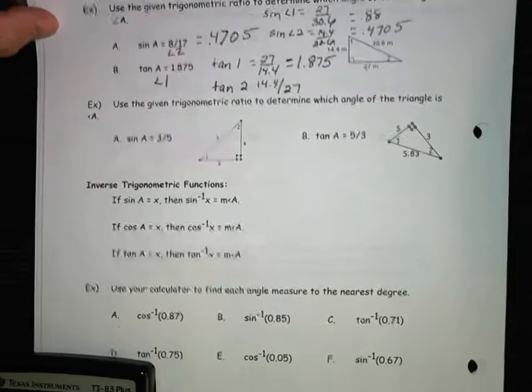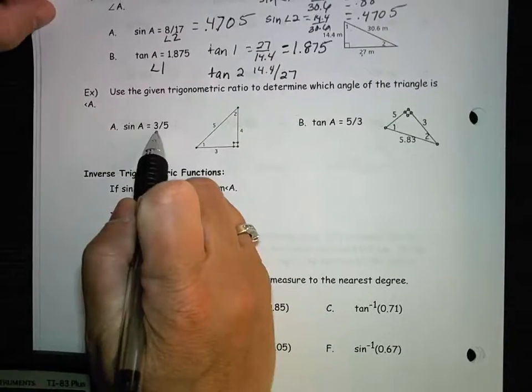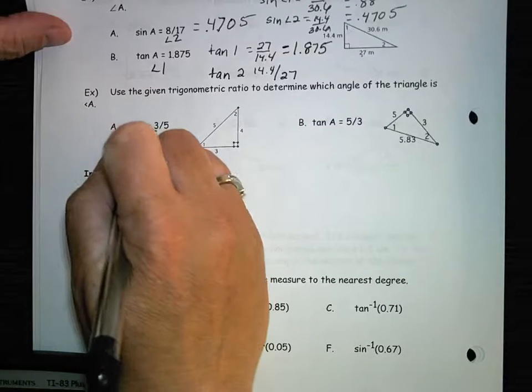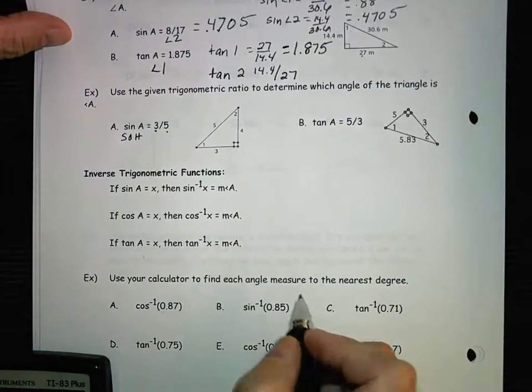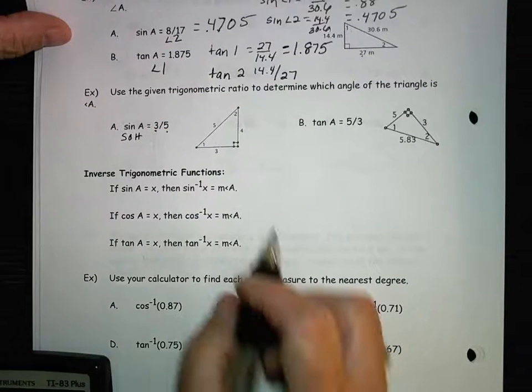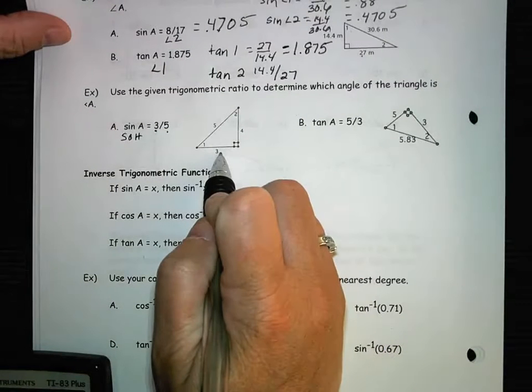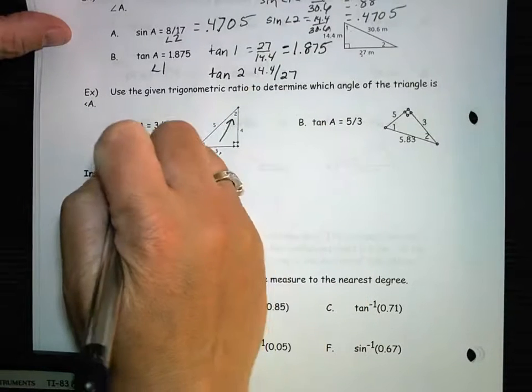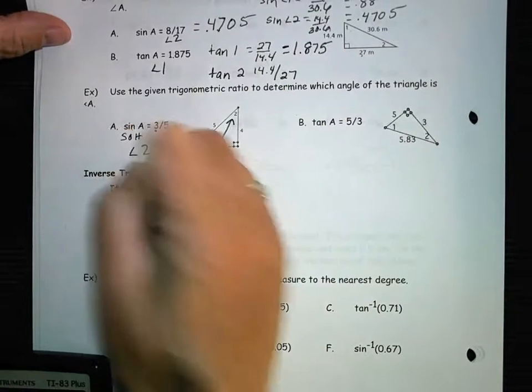The next example is very similar. Sine is 3 over 5. Sine is the SOH, S-O-H: opposite over hypotenuse. If this is the opposite side, then the angle that we're talking about is angle 2.